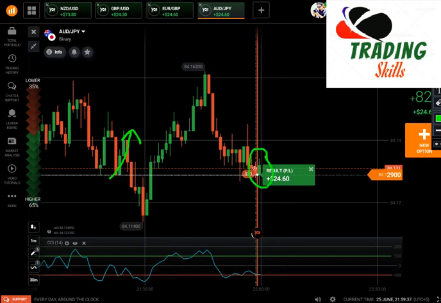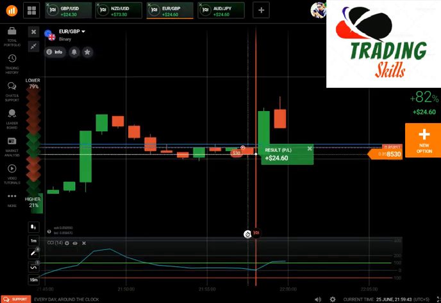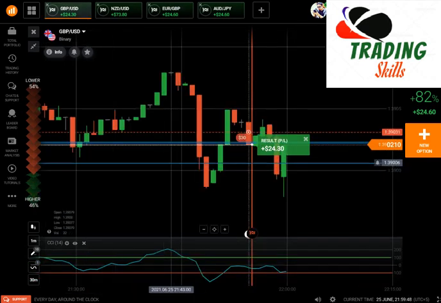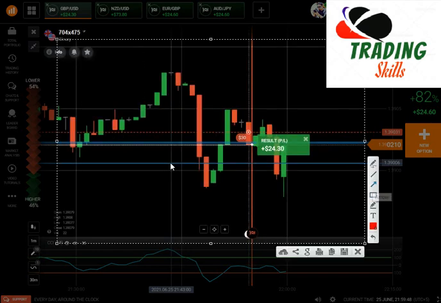So let me show you my trades, and I'm going to explain them all one by one. Okay, so I started my trading from this candle. Okay, so now you can see that I took my trade here in a down direction. Why?